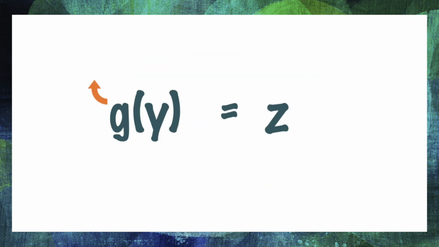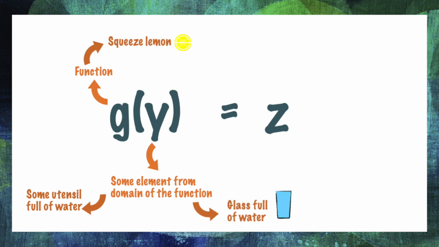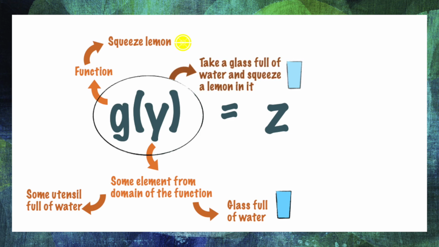So g is again a function which is equivalent to squeezing lemons. y represents some element from the domain of the function, which is some utensil full of water. Say for example, we take a glass full of water. And now g of y will be equivalent to taking a glass full of water and squeezing a lemon in it. So what do we get? The z. And z can be visualized as a glass full of lemon water.